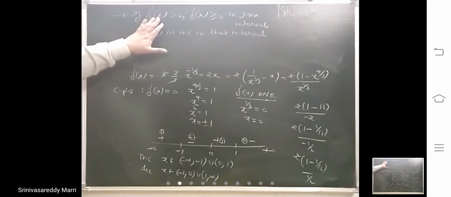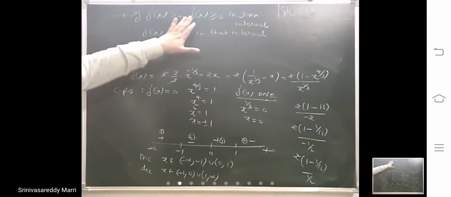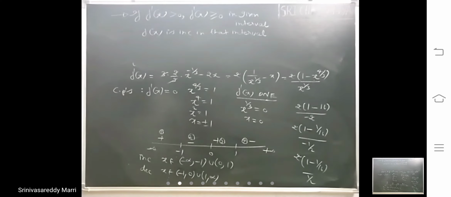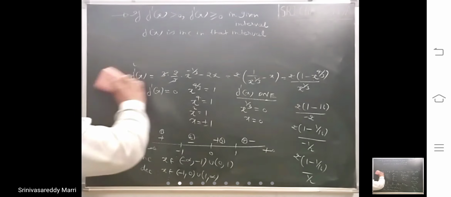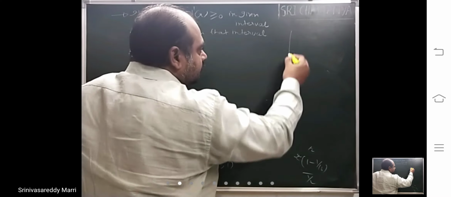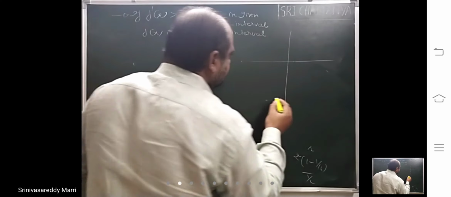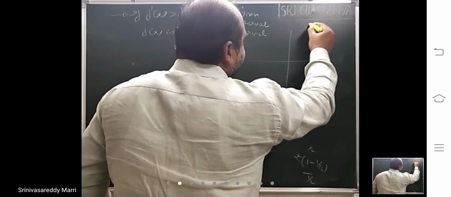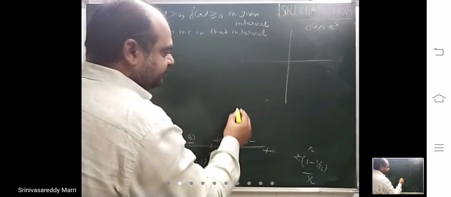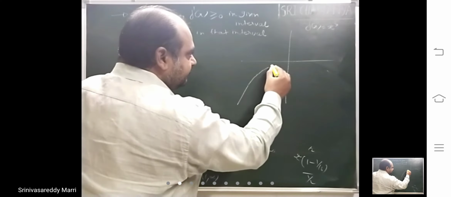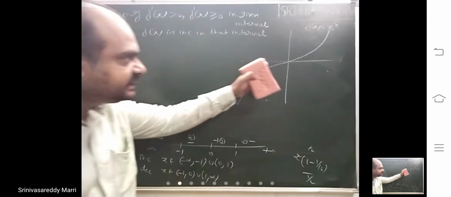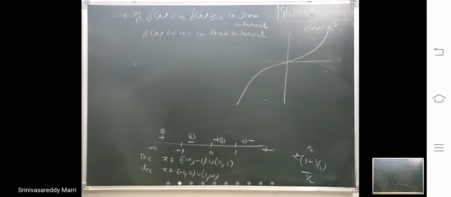Look at f dash x greater than 0 or f dash x greater than or equal to 0. Suppose you take f of x equal to x cube. Look at the x cube graph I told you, like this. It is always an increasing function from the graph.